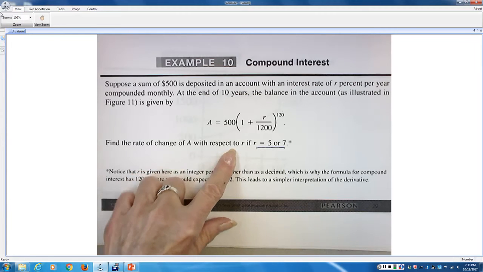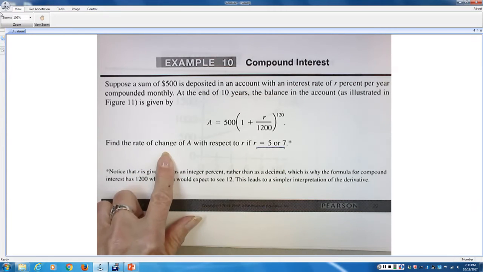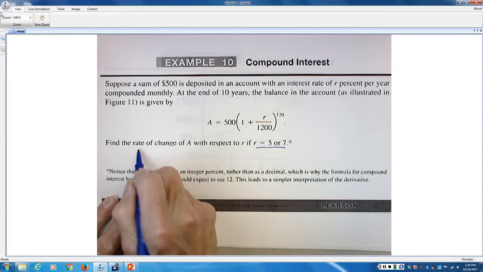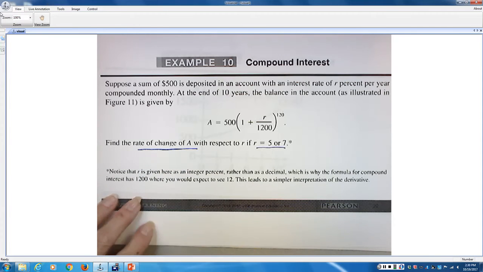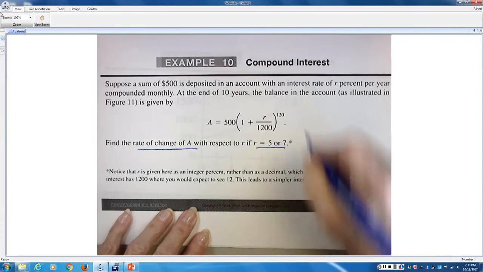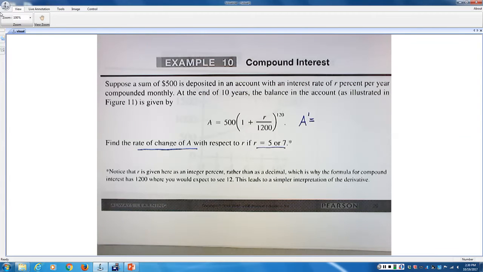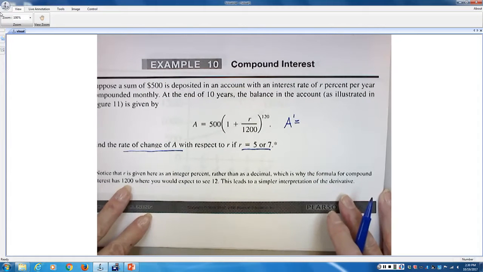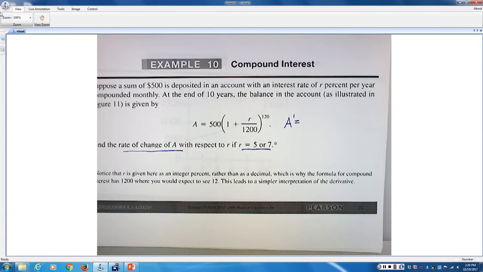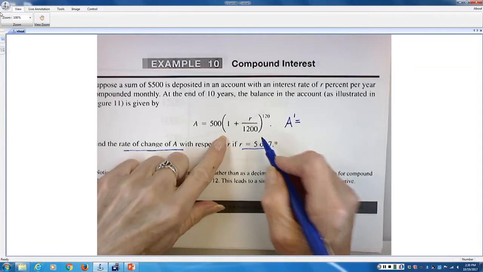We're going to come back to that. What we need is the rate of change. And when it tells us find the rate of change, that means find the derivative. So find the derivative of A, find A prime. What kind of rule do we need to find A prime? Yeah, it looks like we need a chain rule.